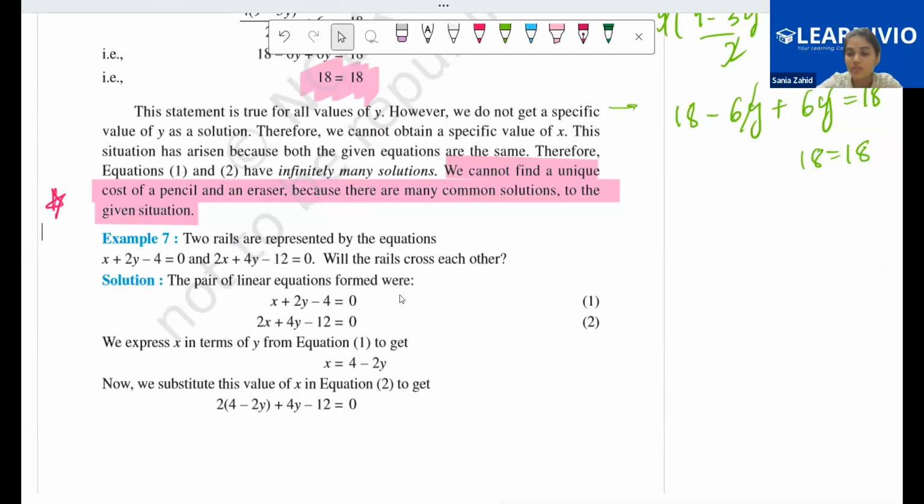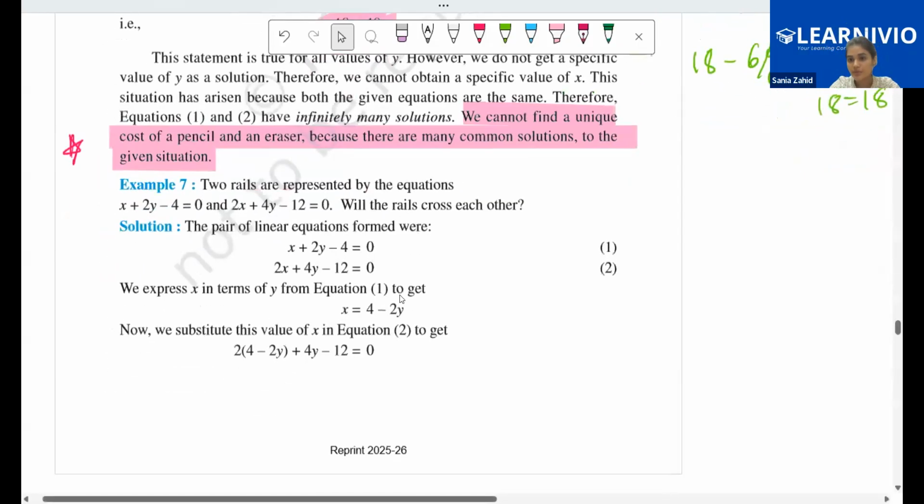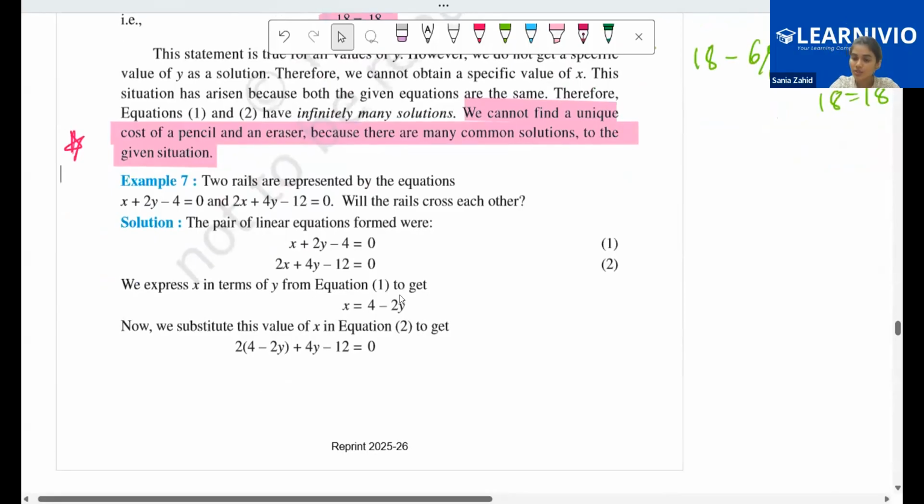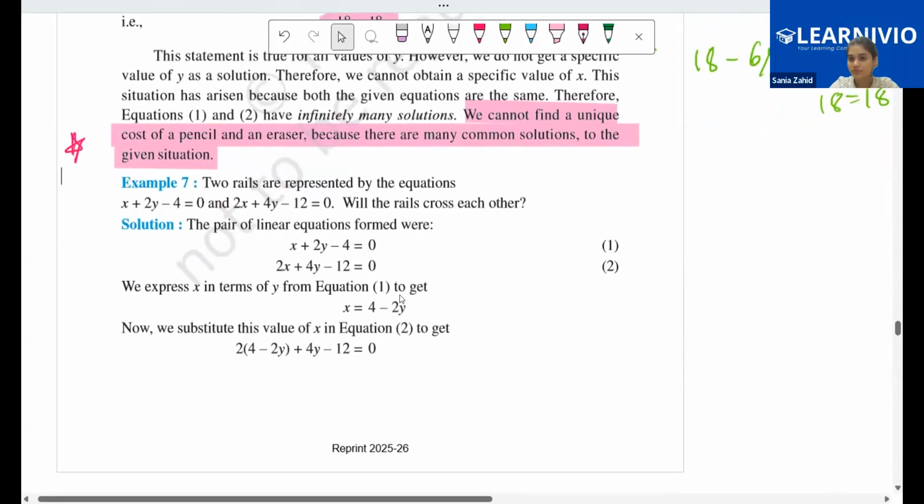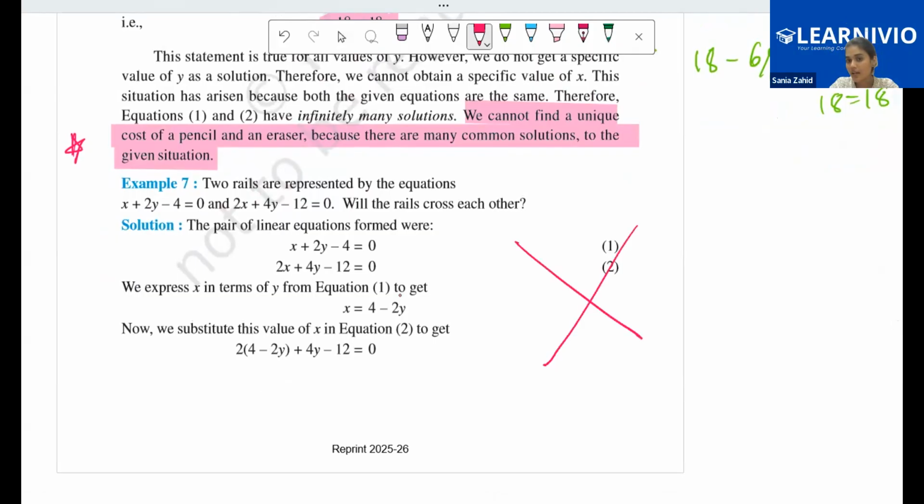No, there should be just a unique solution. If I had an intersecting graph, how many solutions was it having? One solution. So for the rails to cross, it must have only one solution.